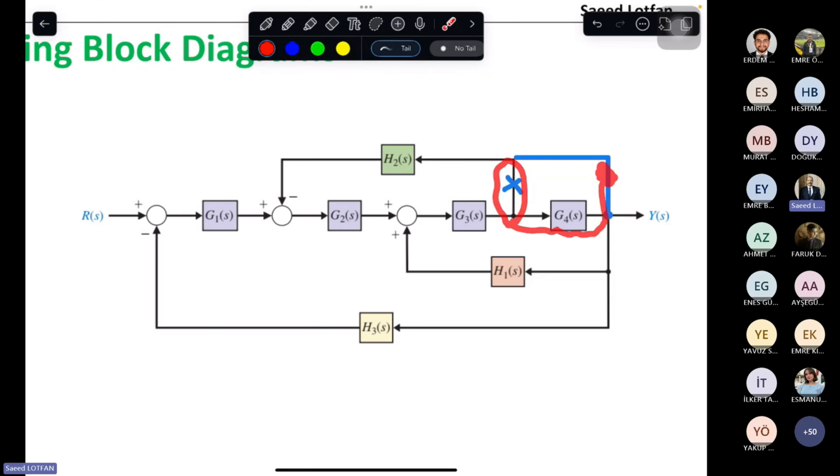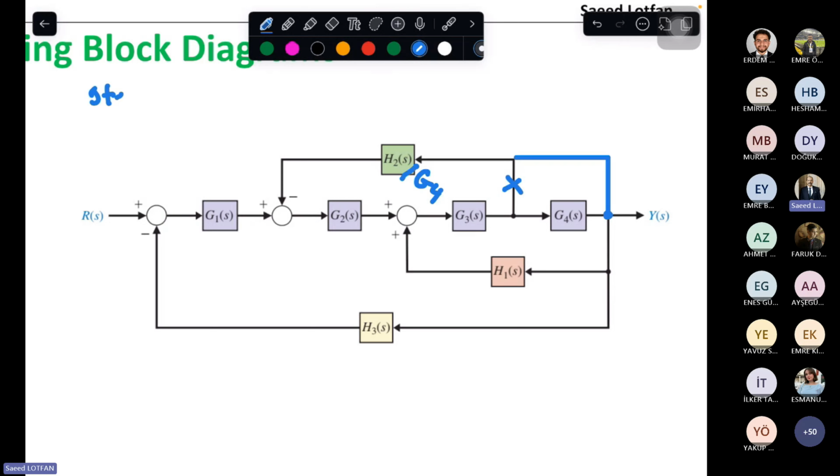So I have to divide this guy by G4. This is the first step. Clear? So step 1 is blue.